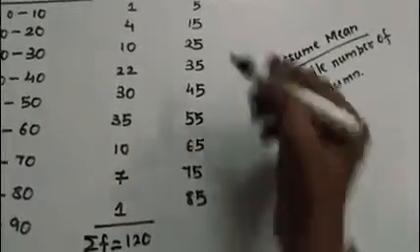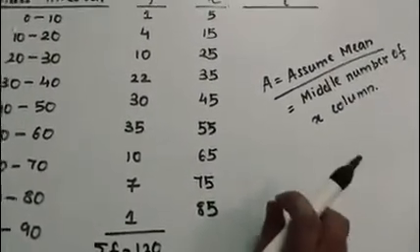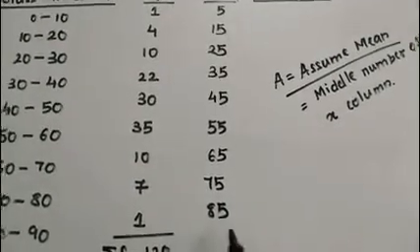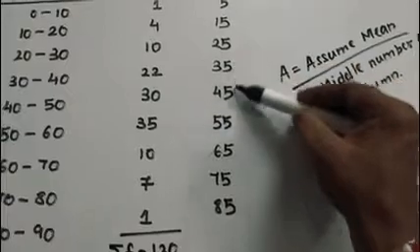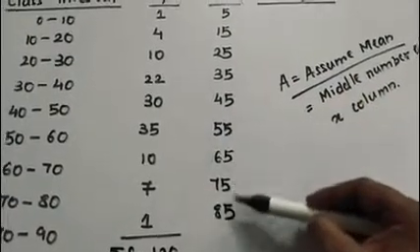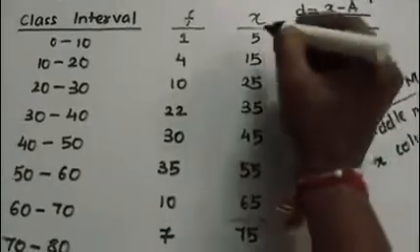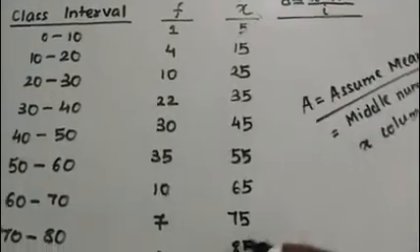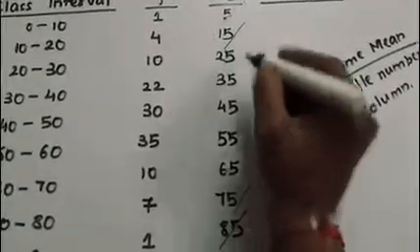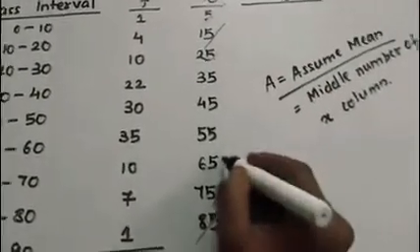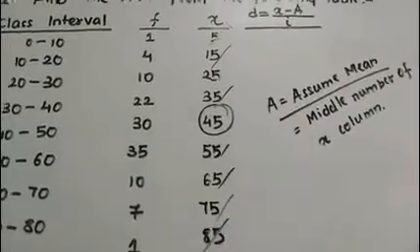That means if you look at the x column, you will find the middle number, that is at the center of the data. How many data are there? Here total 1, 2, 3, 4, 5, 6, 7, 8, 9. Total 9 data. So if you cancel the first data and the last data, then 25, 65, 35, 45, the middle number remaining is 45.